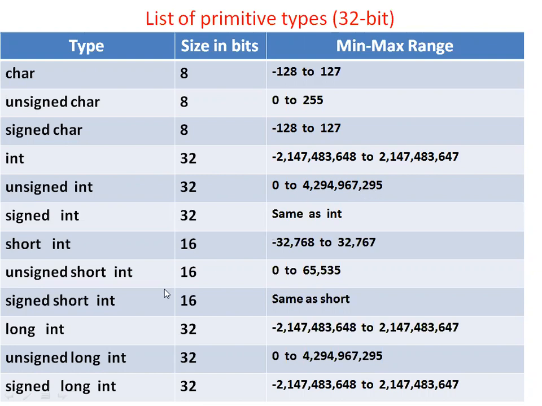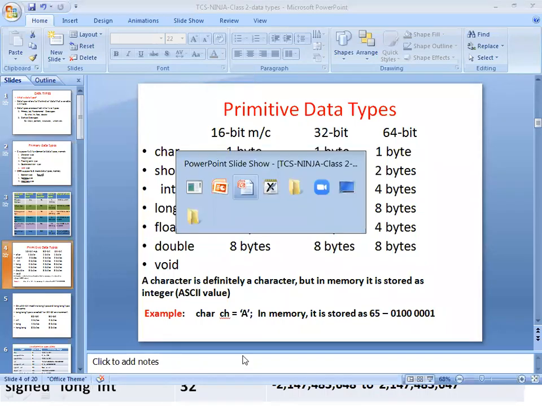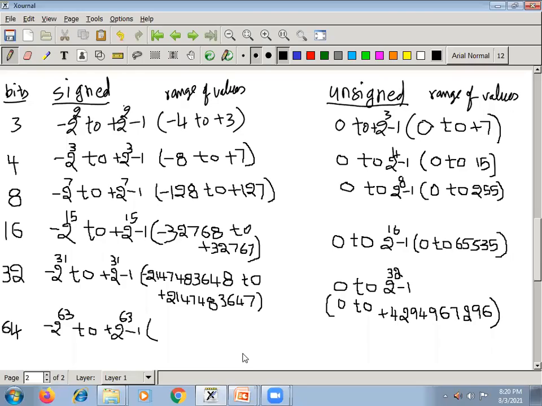Okay, so this last number we need to change: it is 2 power 32 minus 1. 2 power 32 is 4,294,967,296, minus 1 means 295. So 4,294,967,295 here.